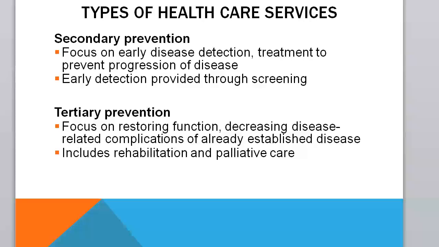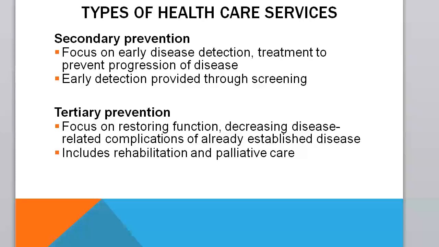And please refer to your book on page 2777 in volume 2 of your Pearson Concepts book. It does have a table, 46.1, which talks about these levels of prevention, primary, secondary, and tertiary, and it gives examples.